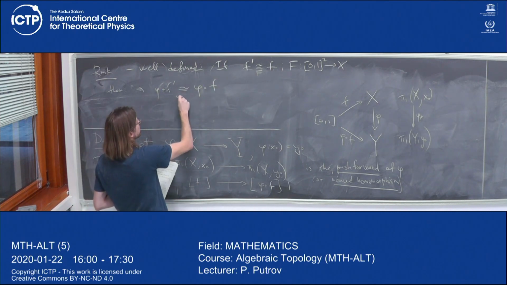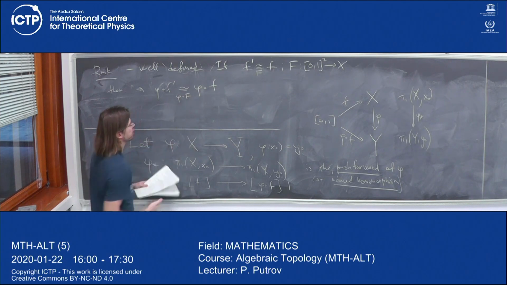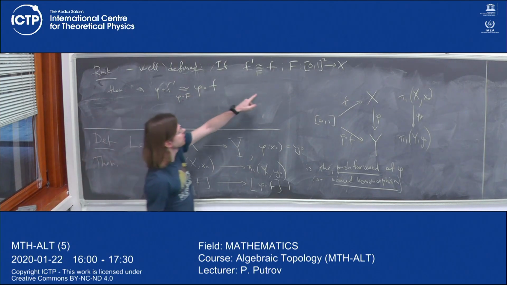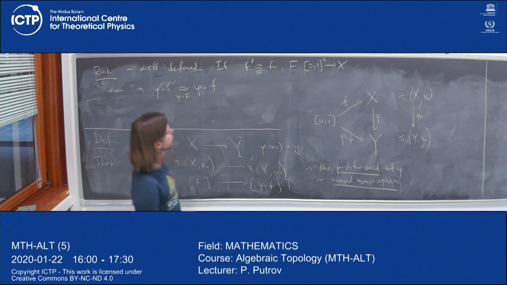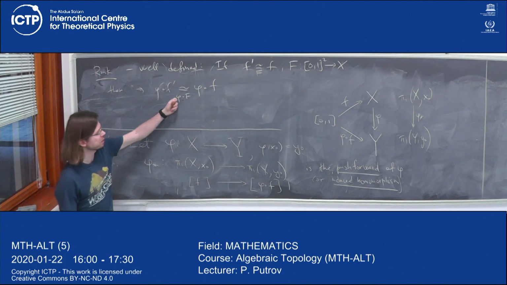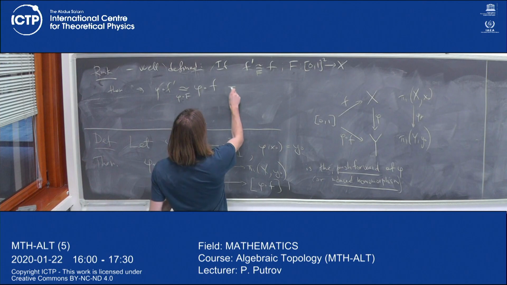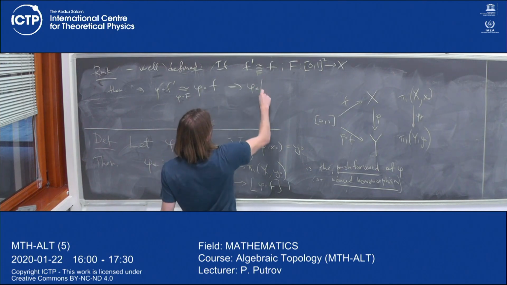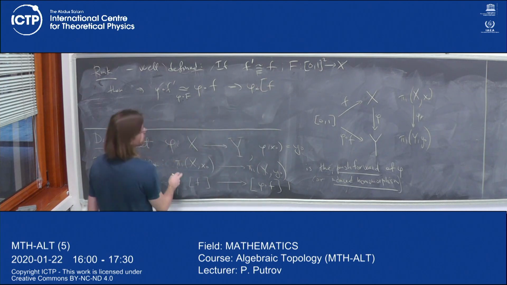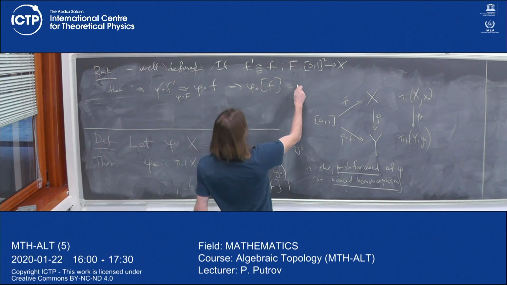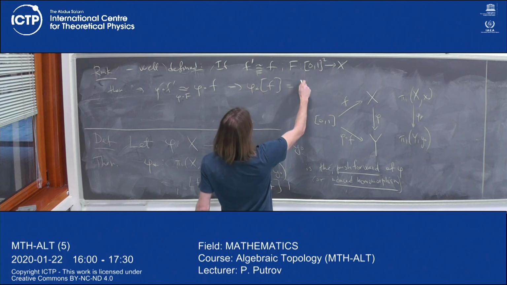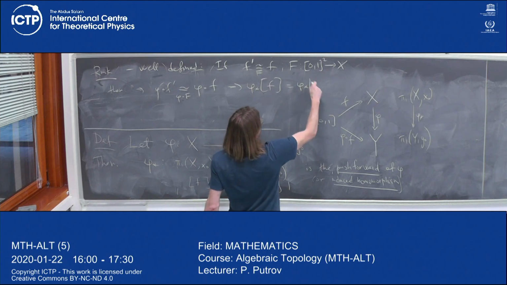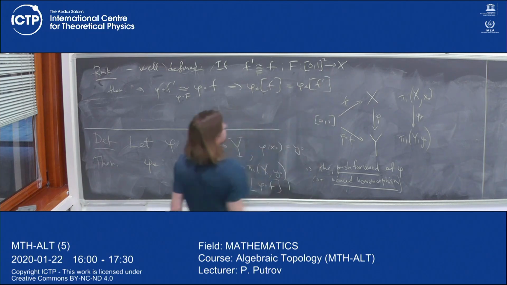I just can use the path homotopy which is a composition of my homotopy here with my map. And then it follows that phi star of a class of f is the same as phi star of a class of the other path.